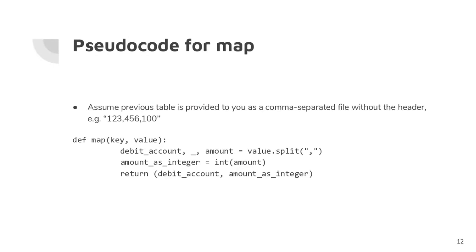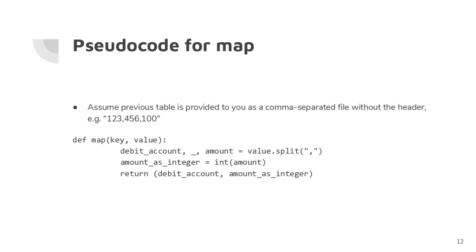As input you have this row from a comma separated file, so it's a string, and the first part is the debit account number, the second part is the credit account number, and the third part is the amount.